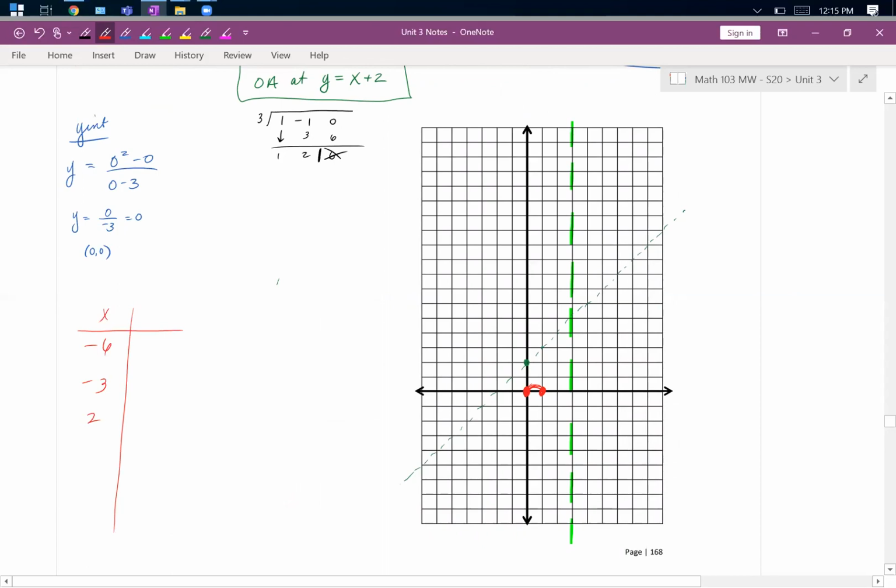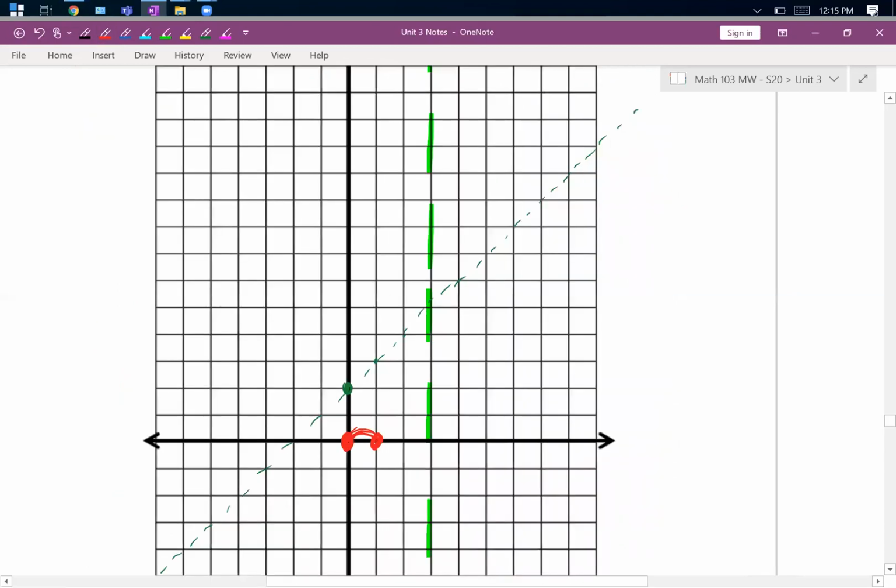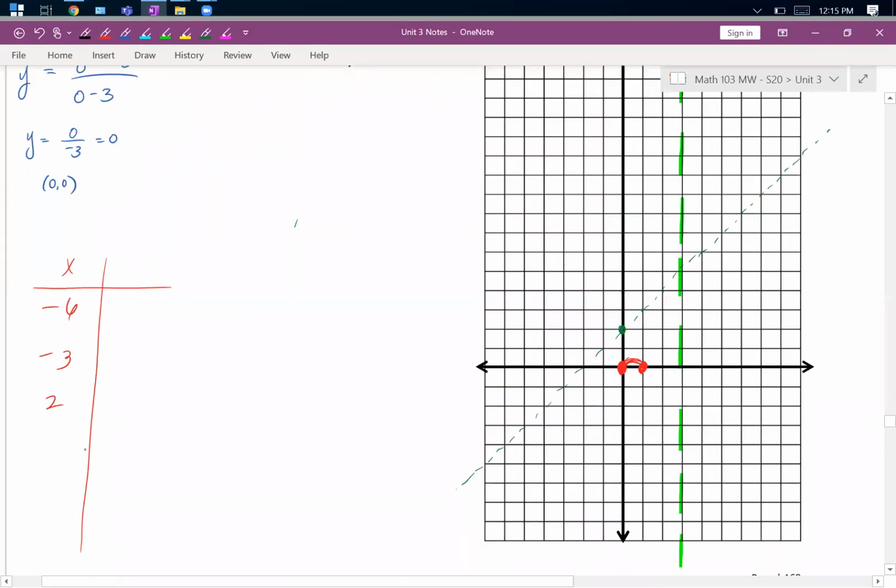And then I'll do the other side of that vertical asymptote, so like 4, and then maybe 6 and 8. And we plug it into the very original problem, not the simplified version, the very original version.